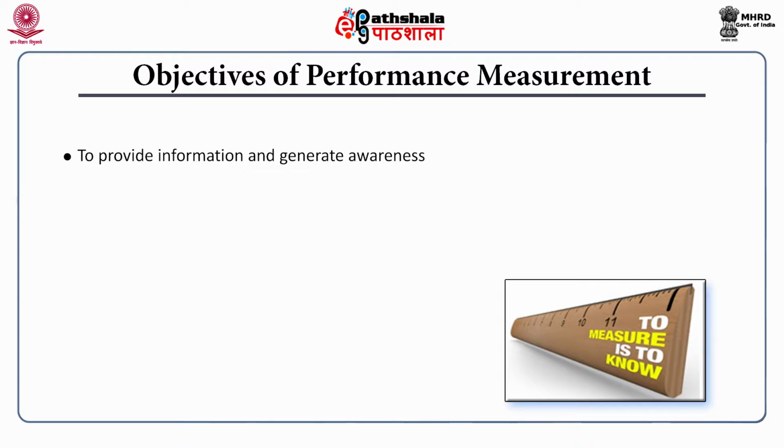Through the performance measurement system, a gap between planned and actual outcomes is reported. This input could be used for future policy formulation. Another objective is that, through the usage of performance measures, a deficiency in capabilities and areas of development could be identified. Removal of such deficiency could help in further enhancement of outcomes.